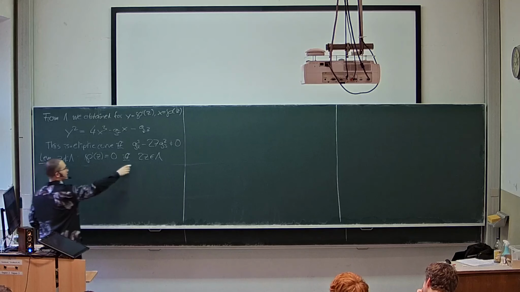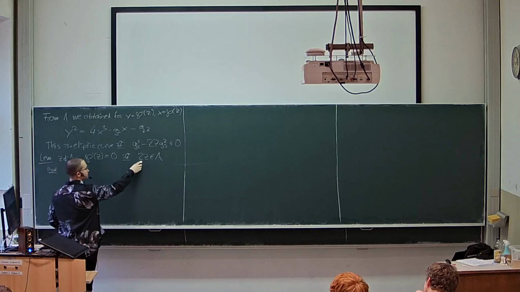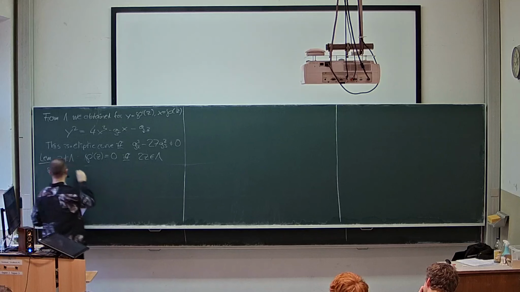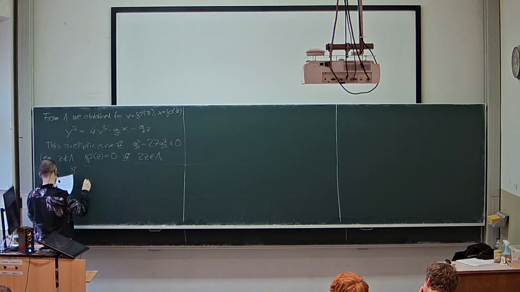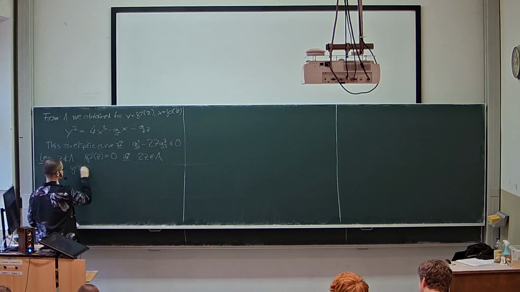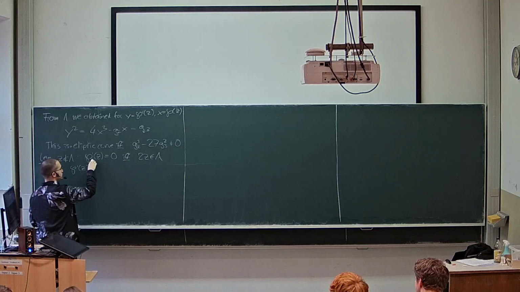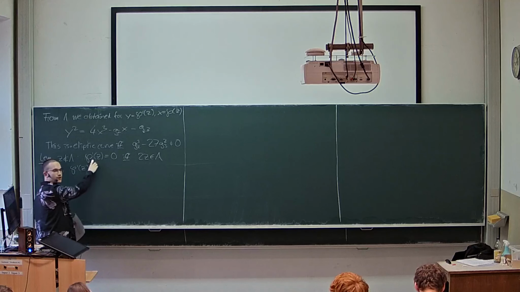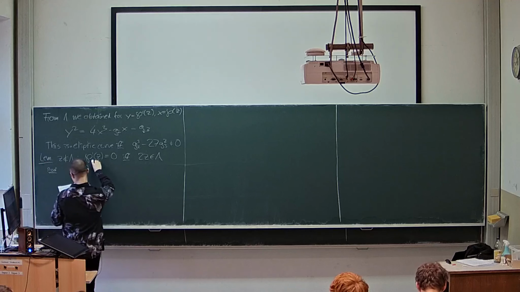So first off, I claim any such point satisfies this, and this is a simple consequence of the periodicity of the derivative of the Weierstrass p function and the fact that this is an odd function.